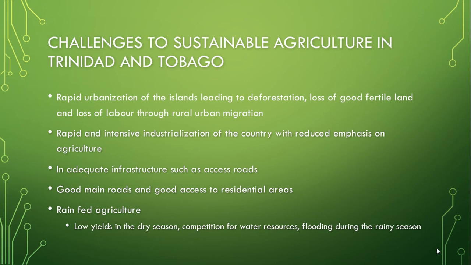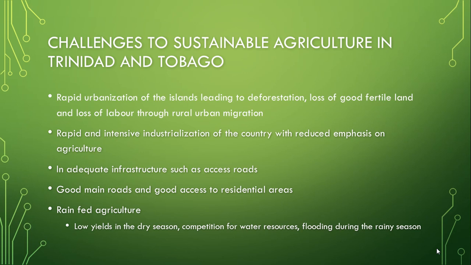Another hindrance for sustainable development and sustainable agricultural activities in Trinidad is the dependence on rainwater supplies for agricultural activities. So you find that this will often result in low yields in your food production during the dry season.